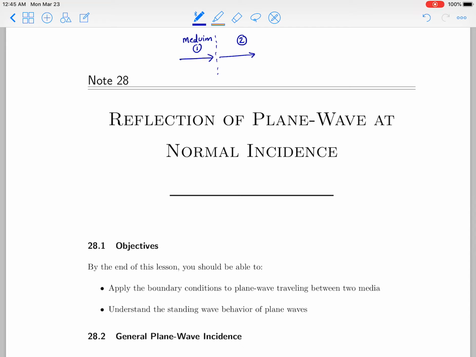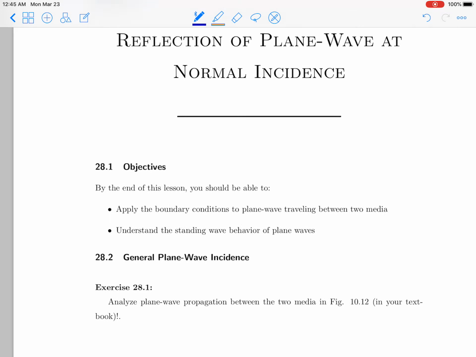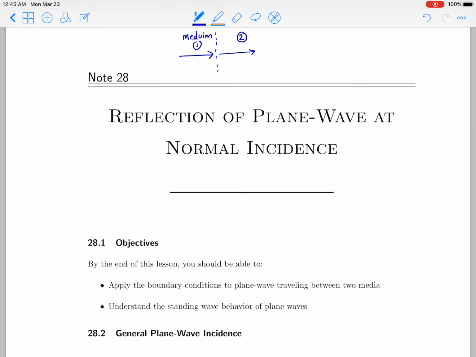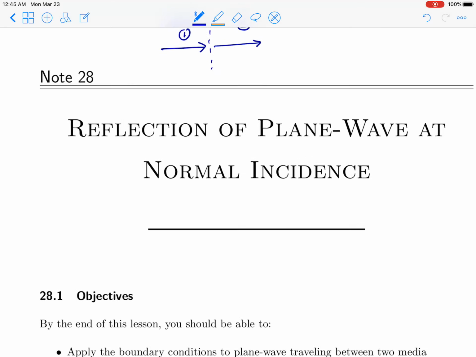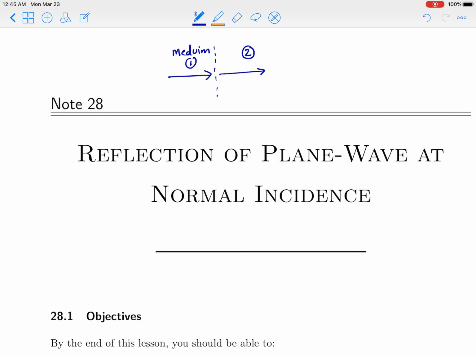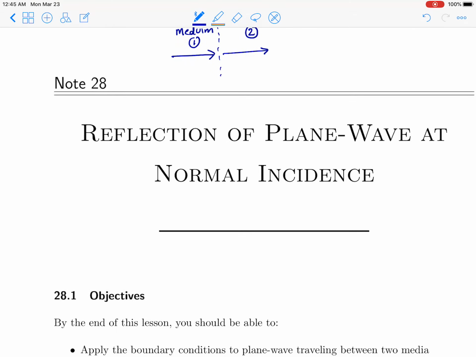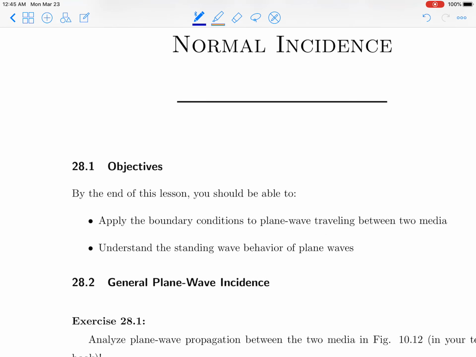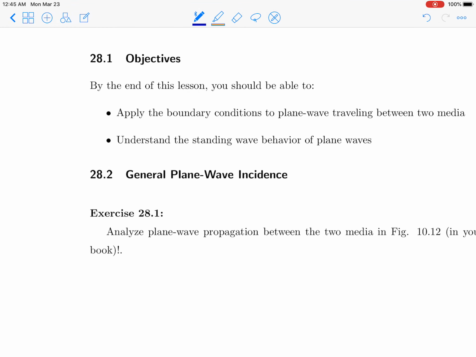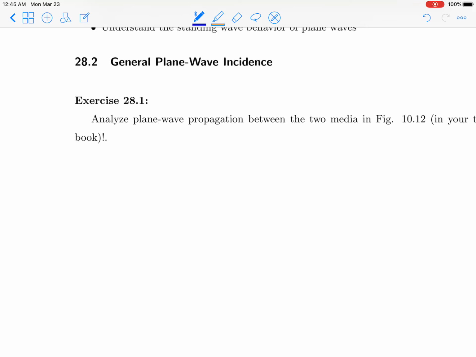We want to study what happens at the interface: given the field in medium 1, what will be the electric and magnetic field in medium 2, in terms of magnitude, phase, and direction of propagation.